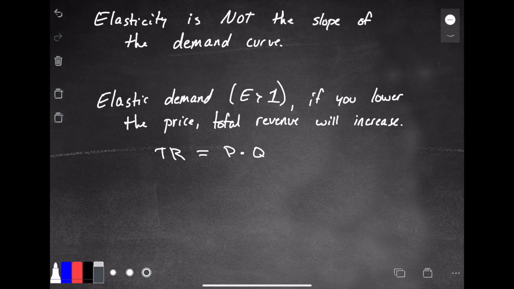If the elasticity is greater than 1, then for a small change in price, you're going to get a relatively large change in quantity. So if the price goes down and the quantity demanded goes up by more than the price goes down, then your total revenue will increase. Conversely, if you raise the price by a little bit, the quantity demanded will go down by quite a bit, and your total revenue will decrease.